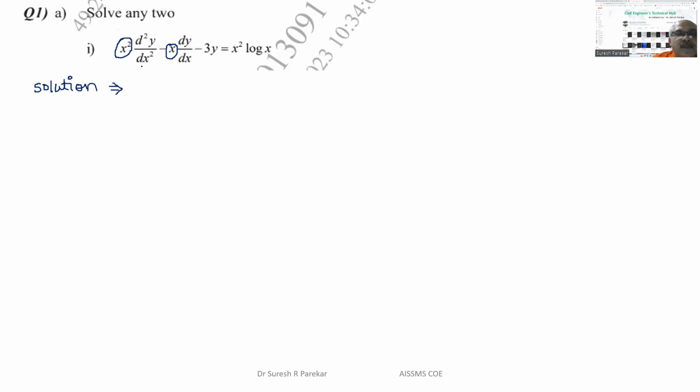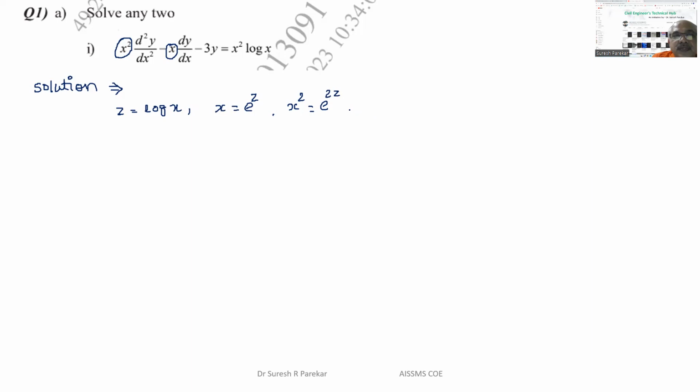So we have to make the differential equation with constant coefficients, and for that we put z equal to log x, and then from this we get x equal to e to the power z, and x square equal to e to the power 2z.